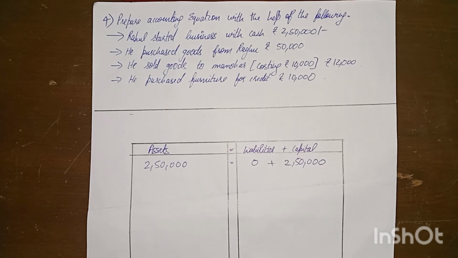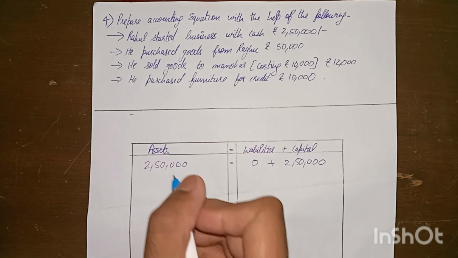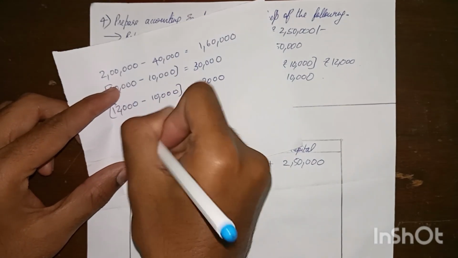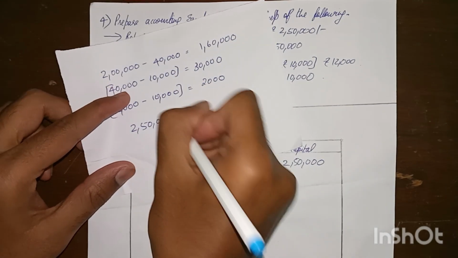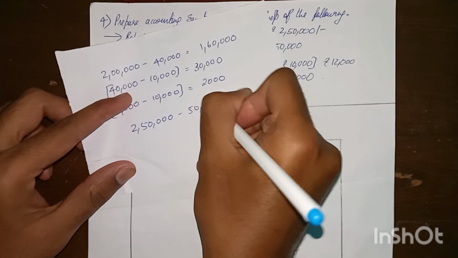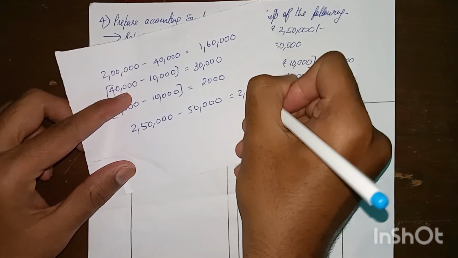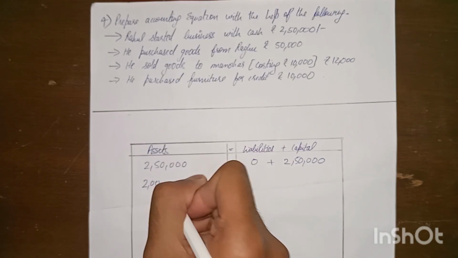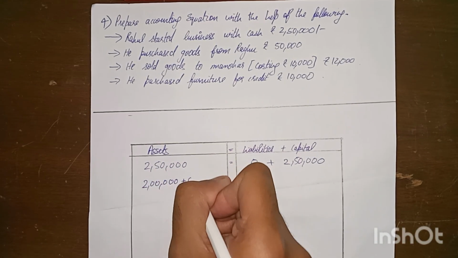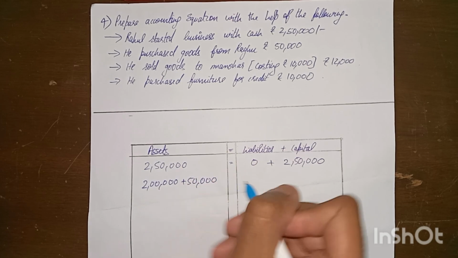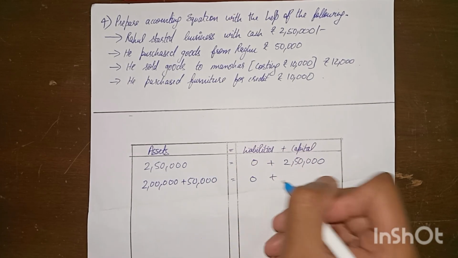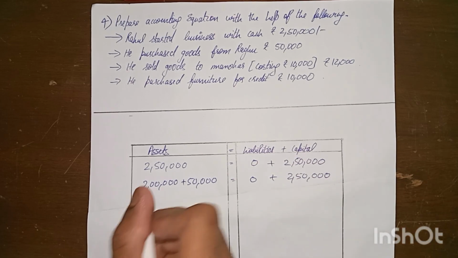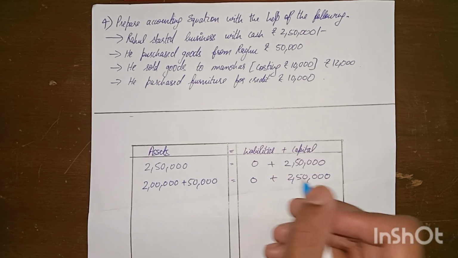We'll subtract 50,000 from 2,50,000. Okay guys, 2,50,000 minus 50,000, which will give us 2 lakh. We'll write here 2 lakh plus 50,000. Okay guys, 0 plus 2,50,000. Both of them are combined, give us capital.